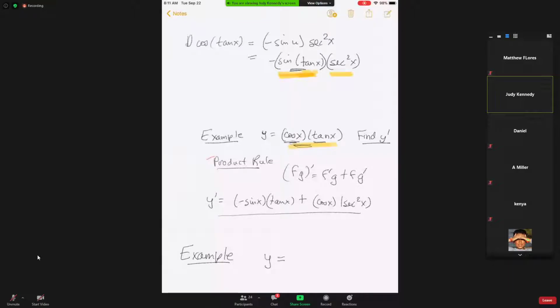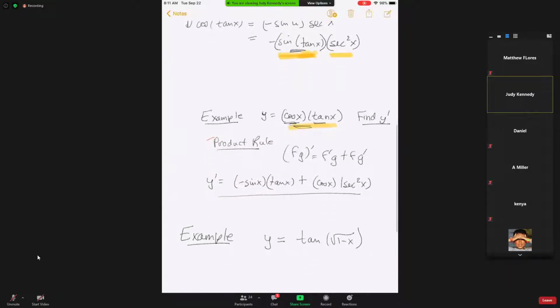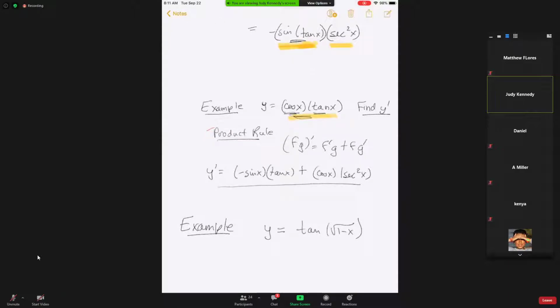Okay, so y is equal to the tangent of the square root of 1 minus x. So what do we have here? Well, this is a composition, because I have the square root of 1 minus x, and then I take the tangent of that.